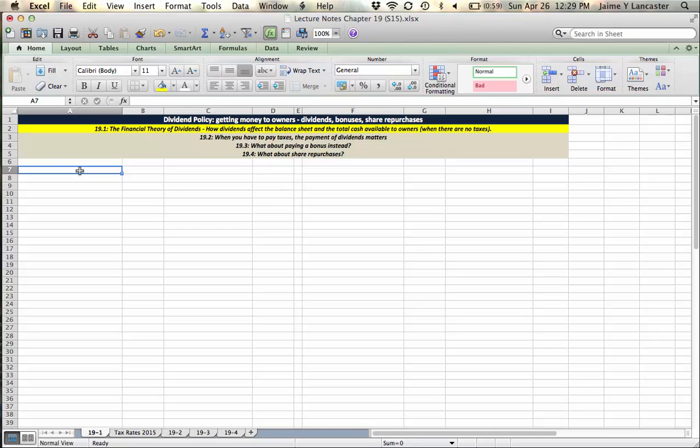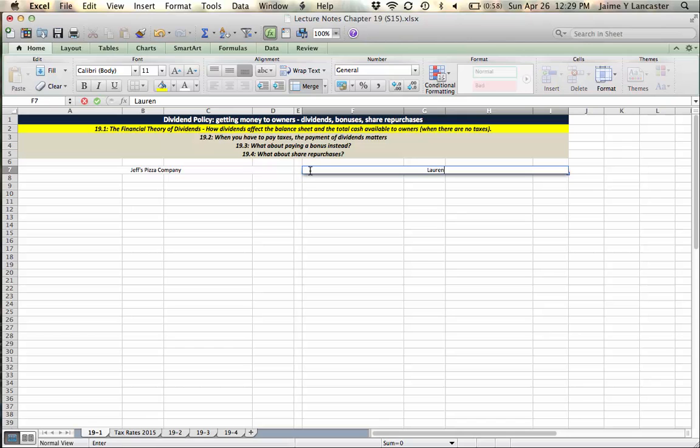So let's start with two examples. I want to create two balance sheets for two hypothetical companies. Let's create two pizza companies, and Jeff is going to have one, and Lauren is going to have the other one.